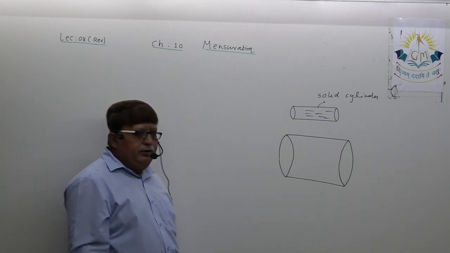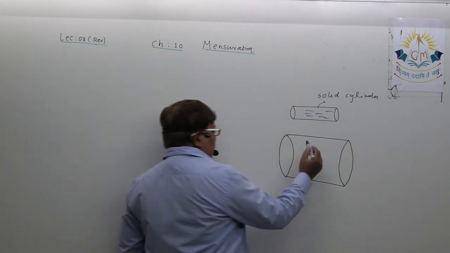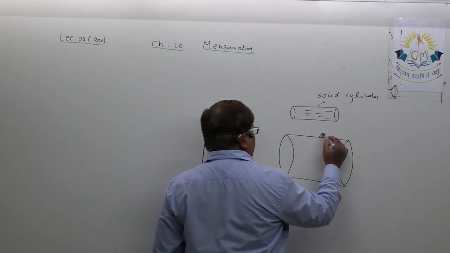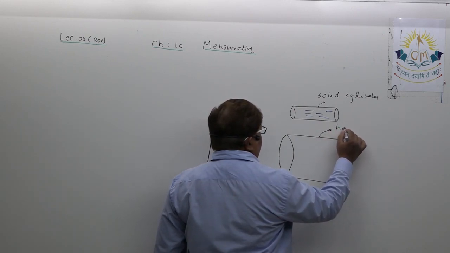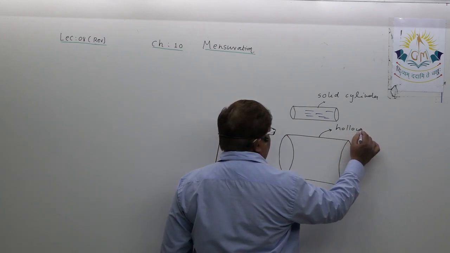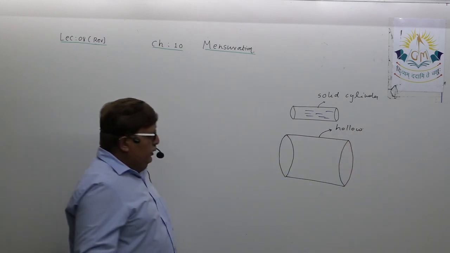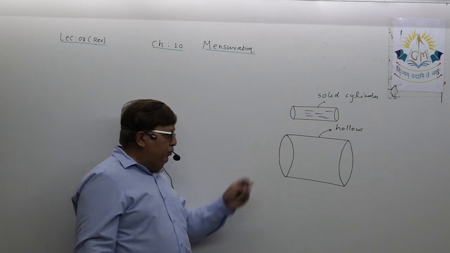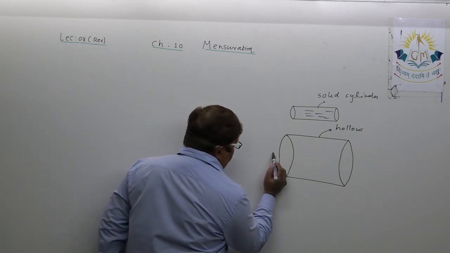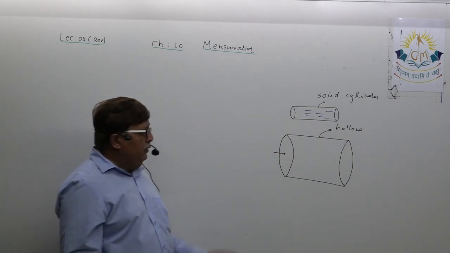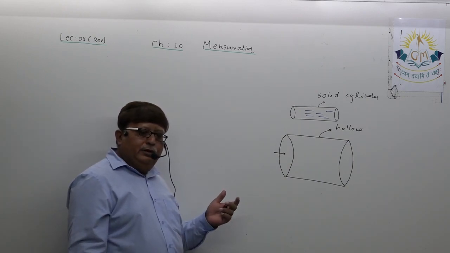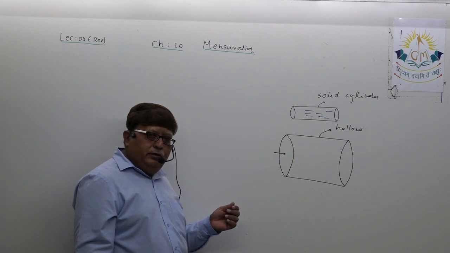So obviously, water flows from it, so it is a hollow cylinder, as you all know. Understood? Because the water will flow inside this pipe. So obviously, it is a hollow cylinder.